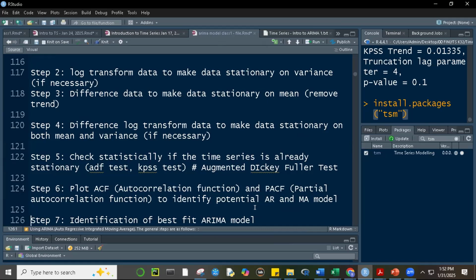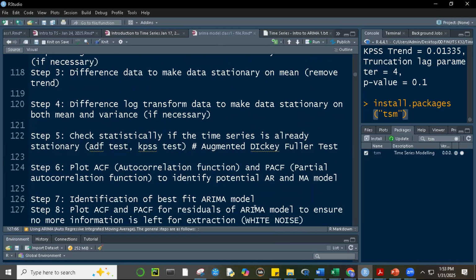Now, fortunately, with R, it's just one code, and it will plot already your autocorrelation function and partial autocorrelation function. The challenge is to make use of these plots generated by R to determine an initial model. Because, class, it's not easy to determine the model using ACF and PACF. So it will be more of a trial and error.